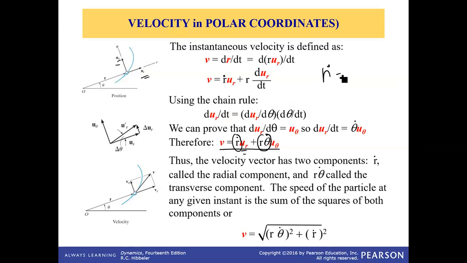Remember that r dot is the derivative of r relative to time, and theta dot is the derivative of theta relative to time. Oftentimes this is also called the angular velocity omega.